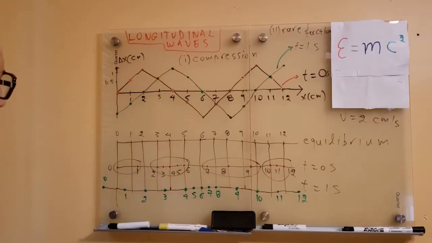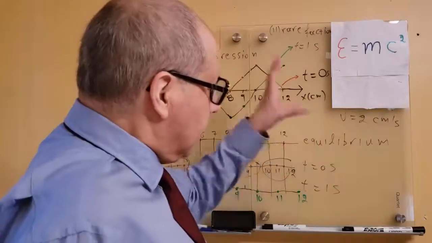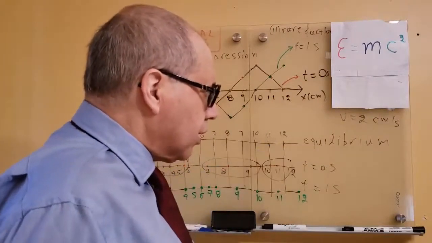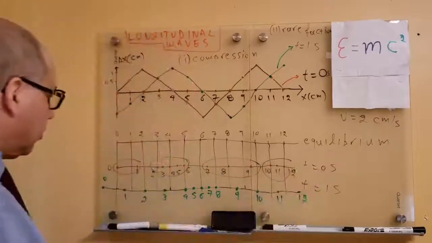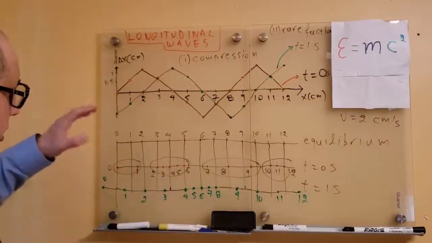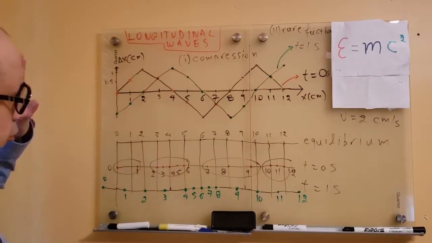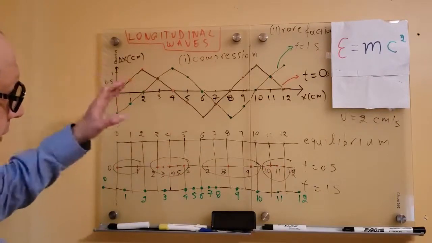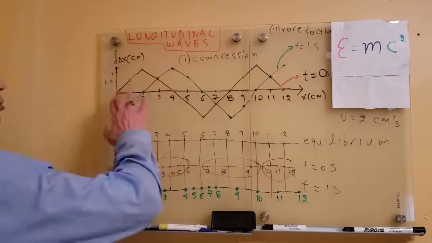So that was part 1 of the problem. Now we know that this wave is traveling with a speed of 2 centimeters per second to the right. The second question is to draw a displacement graph at t = 1.